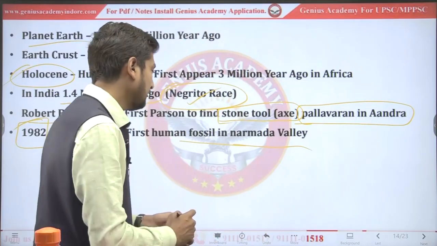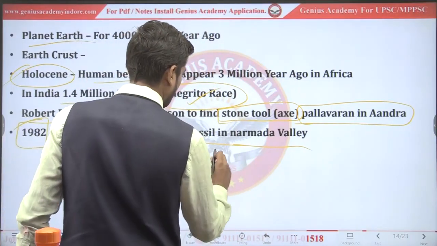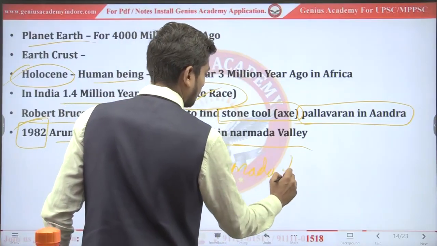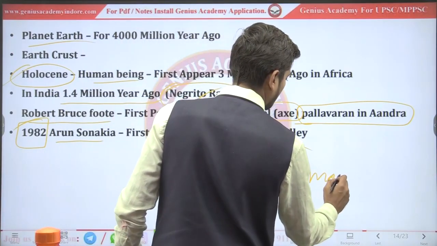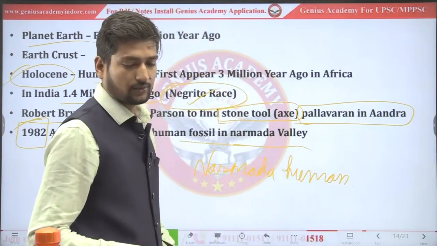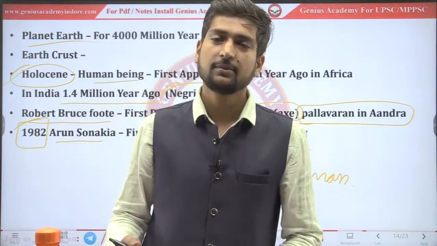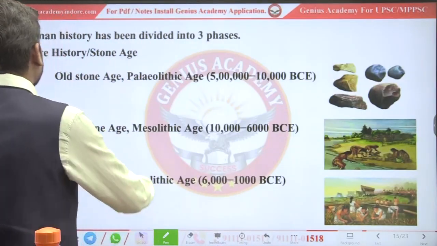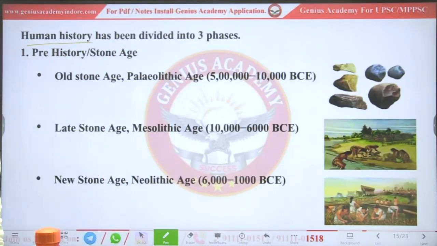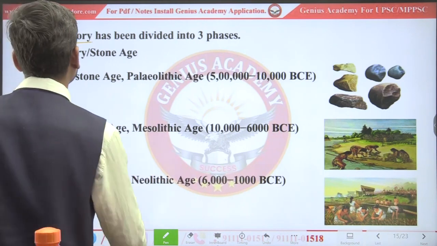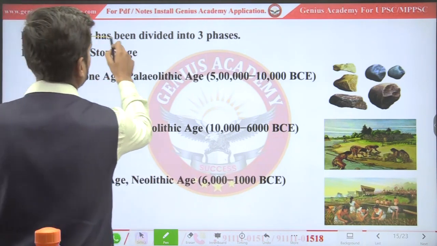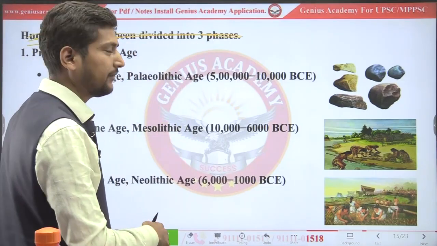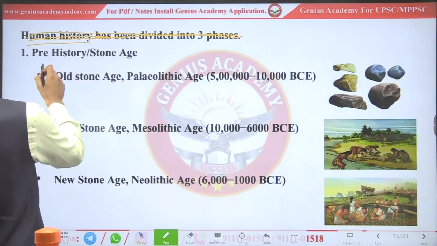So it was renamed Narmada human. This was the name given, Narmada human. So let's see human history. Sorry, this is the wrong line. Please cut this when you go to the PPT.